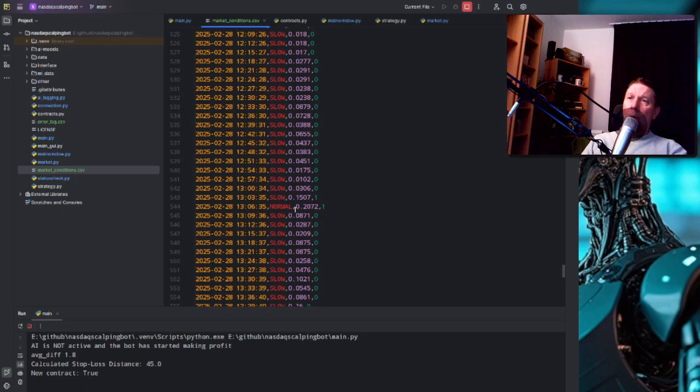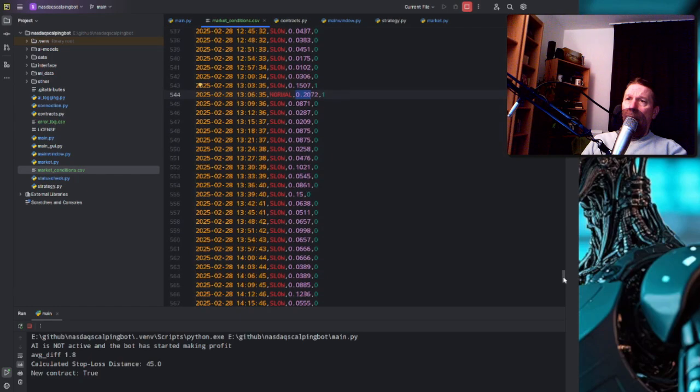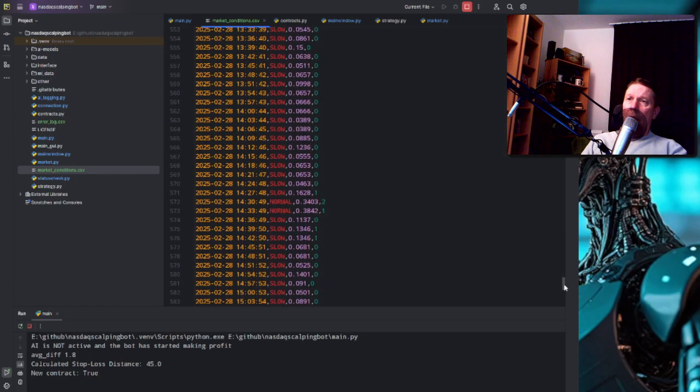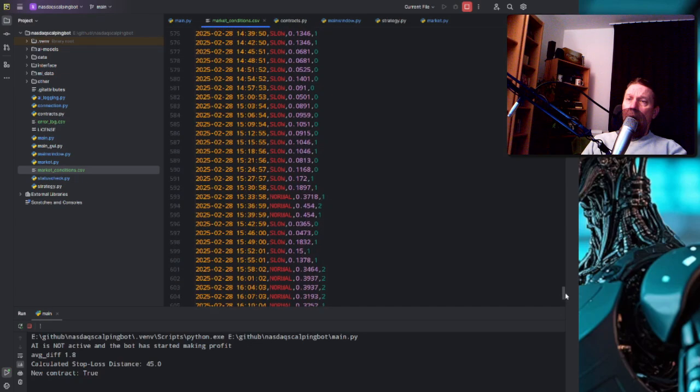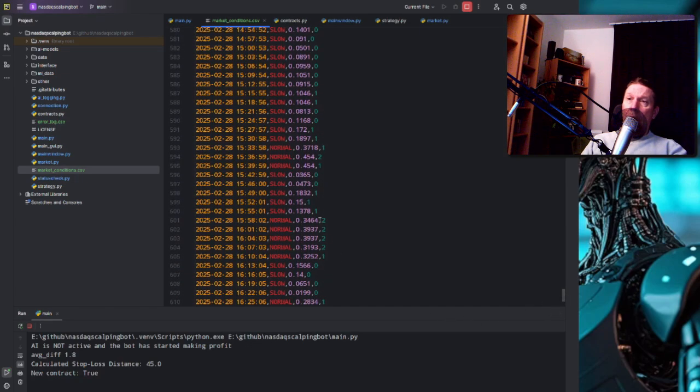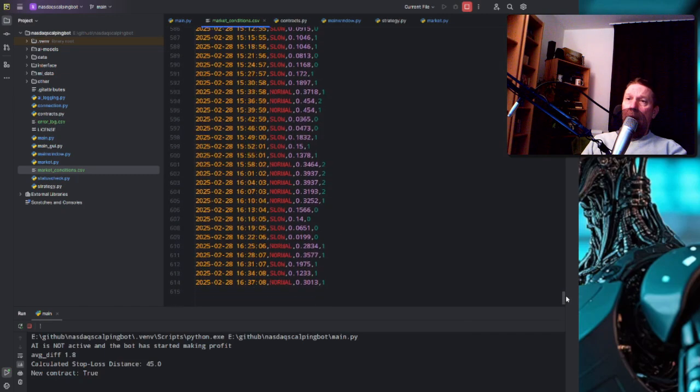There's one normal market at 0.2. Another normal market twice at 0.3. And then again 0.3, 0.4, and 0.4. And then 0.3. And then a rather active 0.3, 0.3, 0.3. And then a 0.2 again. And then a 0.3.